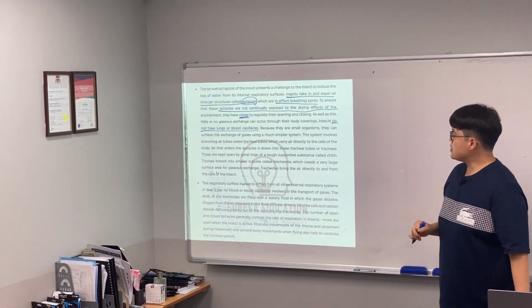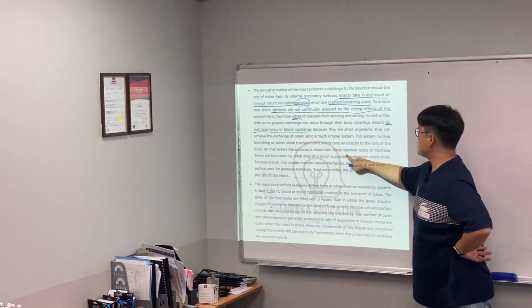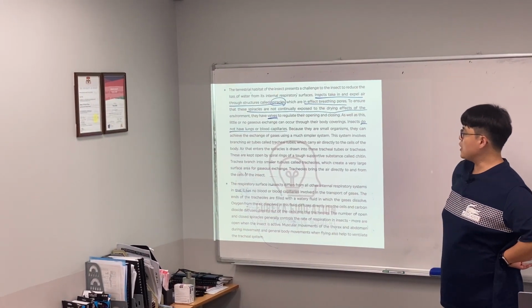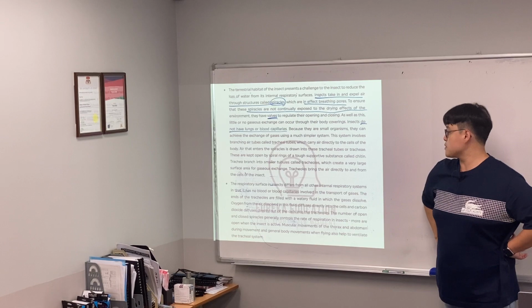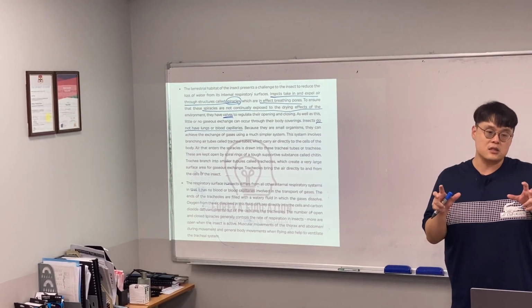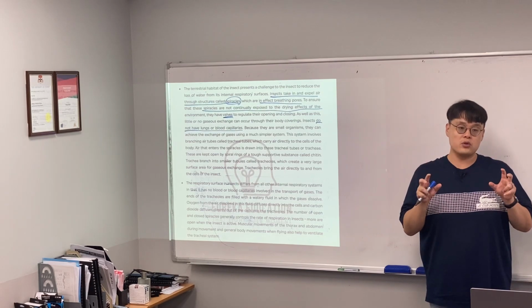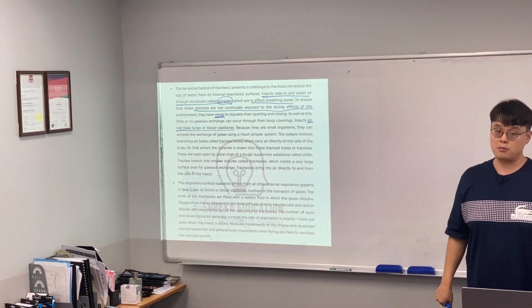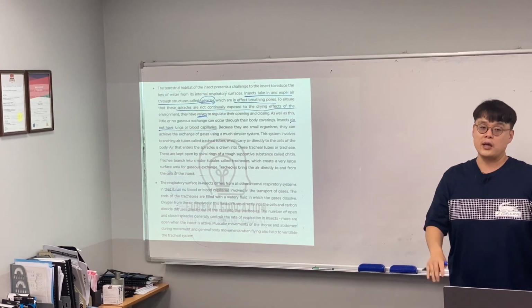So air that enters the spiracle is drawn into these tracheal tubes, the tracheae, and these are kept open by spiral rings of tough supportive substance called chitin. You don't have to know all the details about those, but it's important to know the differences between mammals, fish, and insect respiratory systems, because I'm talking about general heterotrophs.